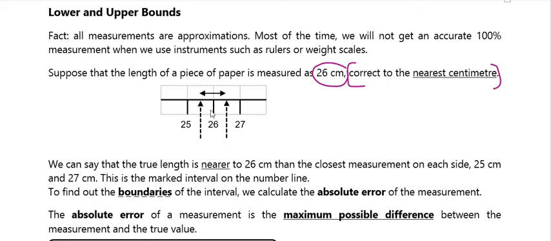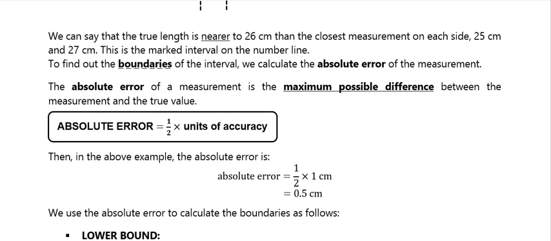Now here, to find the lower and upper bound, near 26 you have what we have here. This is the upper bound and this is the lower bound. To find the upper and lower bound, we calculate the absolute error of the measurement. This is the formula that you have to remember about absolute error. Absolute error is equal to half of the units of accuracy.